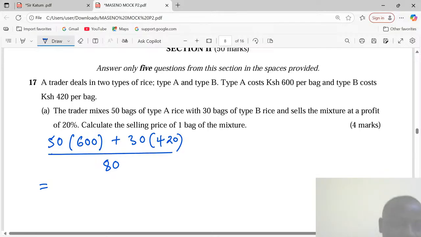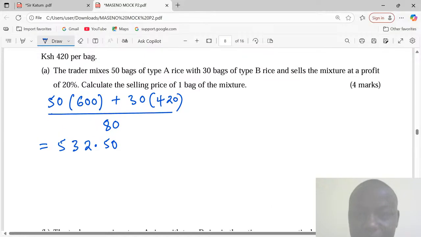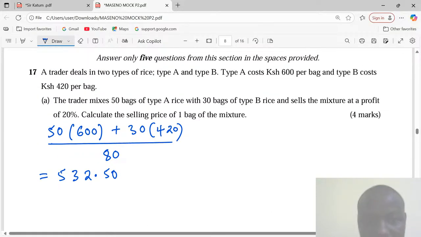This was giving us 532.5. I think we had worked out that. Now, this mixture is costing 532.50 per bag.